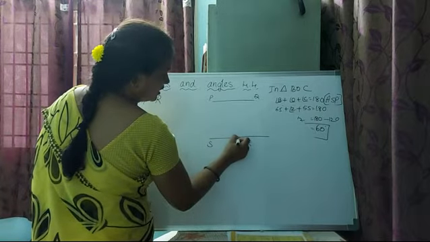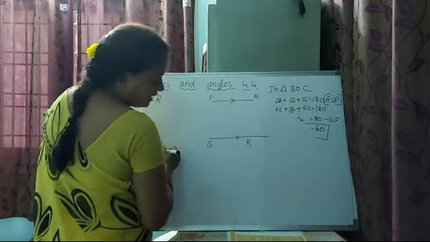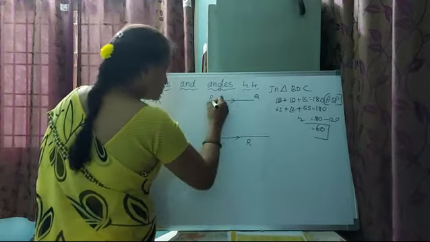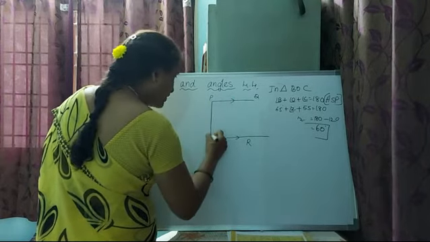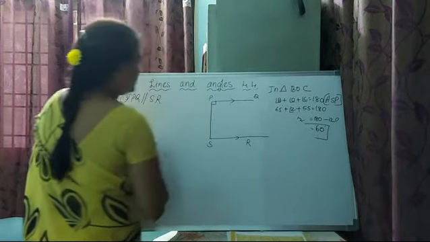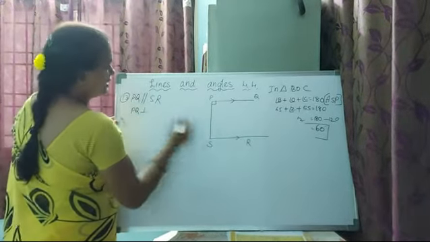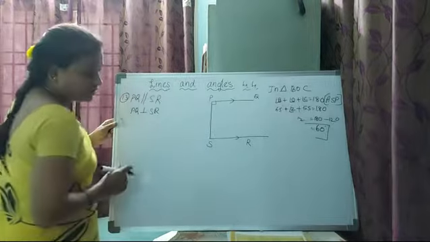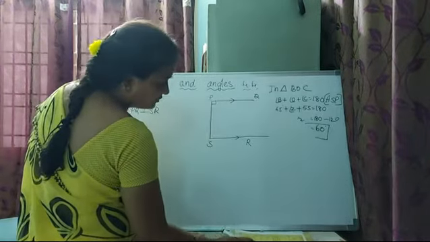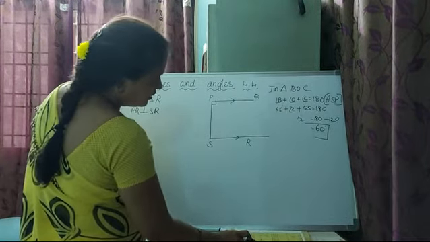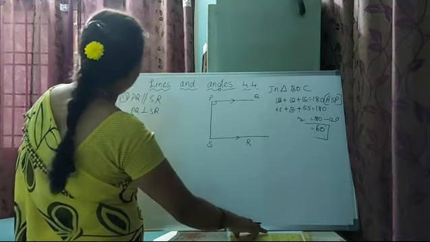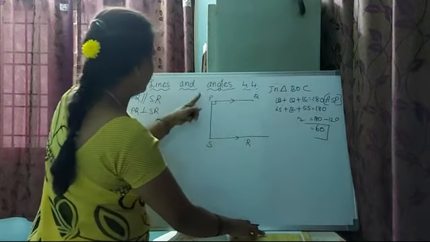I wrote SR. These two are parallel. Next, PQ is perpendicular, which means it forms 90 degrees. PQ is perpendicular to PS.